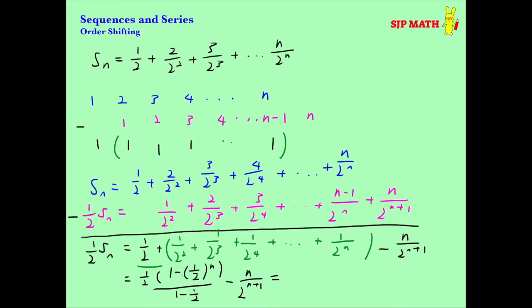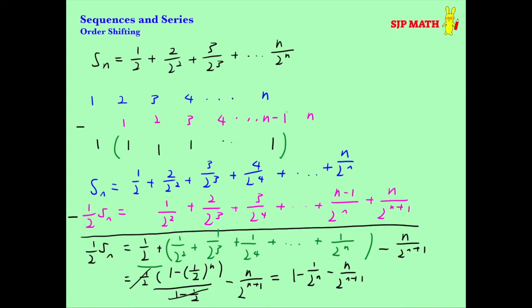And then if we simplify this, the halves cancel out, and then we get 1 minus 1 over 2 to the n minus n over 2 to the n plus 1. And I'm running out of space, but I can do this.